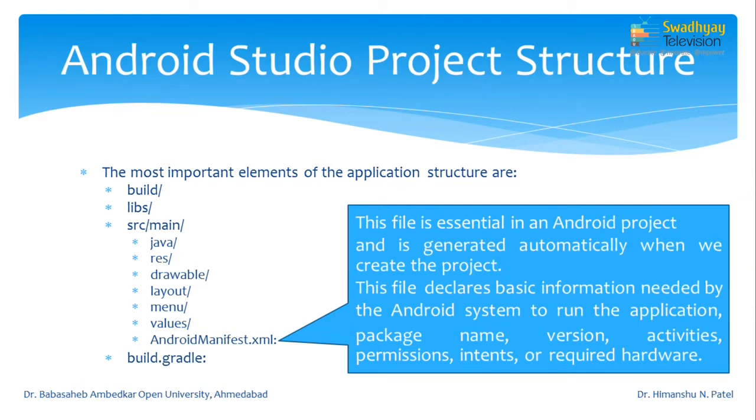For example, what is your package name, what is the version of your application, what are the activities included in your project, what are the permissions required to execute this app, what are the intents, or what hardware is required. For example, if you are using a motion sensor for your application, then that hardware requirement is specified inside this Android manifest file, which is again an XML file.